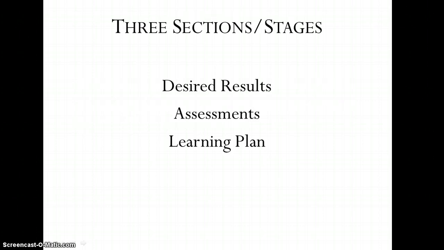Now, the Understanding by Design lesson plan model, UbD, has three sections or three stages: the desired results, the assessments, and the learning plan. And we'll look at all three. Although, as I say, some elements of the plan have been modified, the content is pretty much the same as what Wiggins and McTighe include. So if you're still fuzzy after all of my chatting, go back to that chapter.